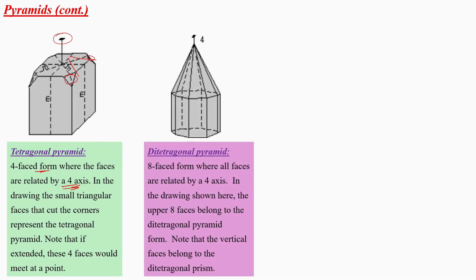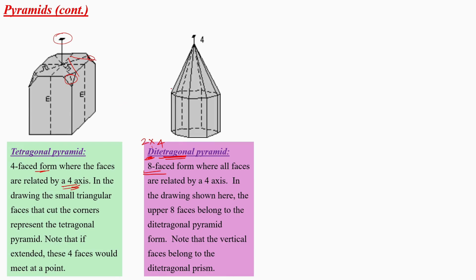And again I said, when "di" comes, you just have to multiply the original form. So 2 into 4, so a total of 8 similar faces we will get. It is nothing but that the original form is converted into two similar sets of faces.